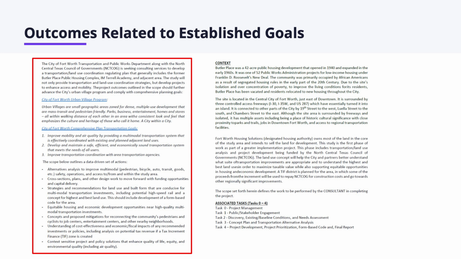The example I've referenced here is the urban village program the city of Fort Worth has, where we've defined something like 13 urban villages around the city that are basically key nodes. They're supposed to be walkable and mixed use. I reference that because as we're developing the Butler study, we want to use some of those principles as inspiration as we develop this work. I also tie back to our comprehensive plan.